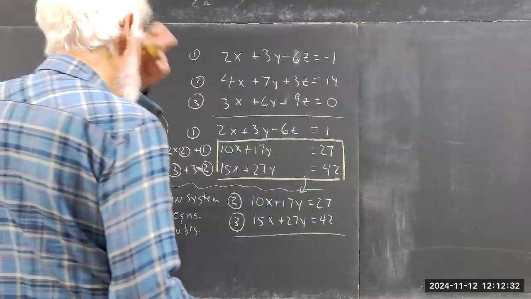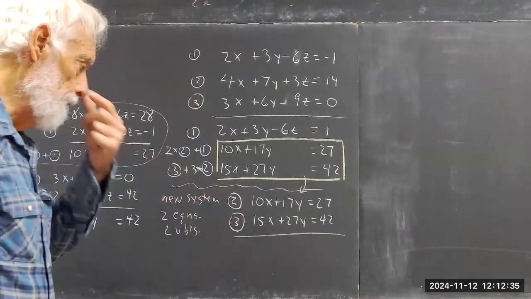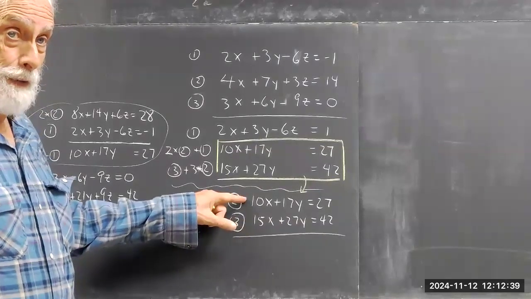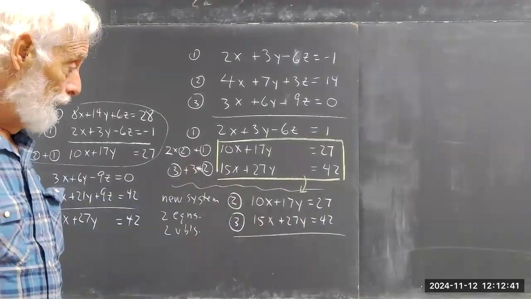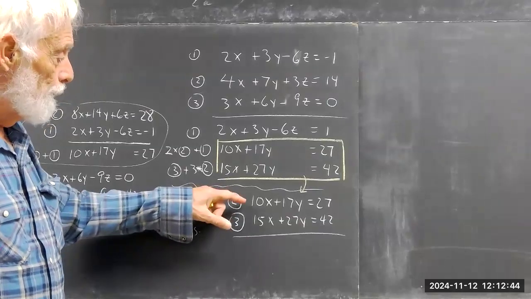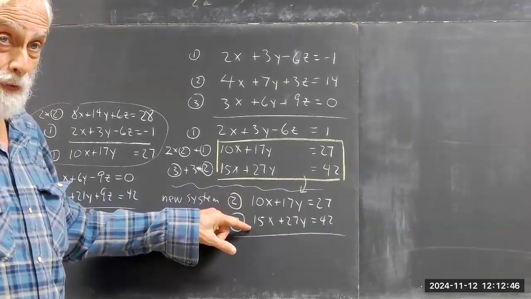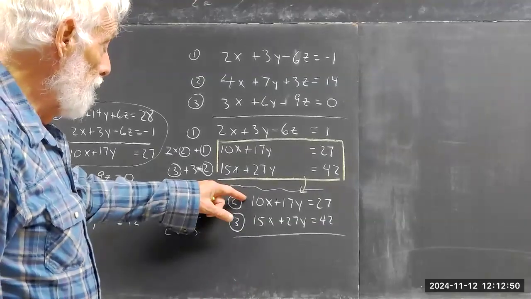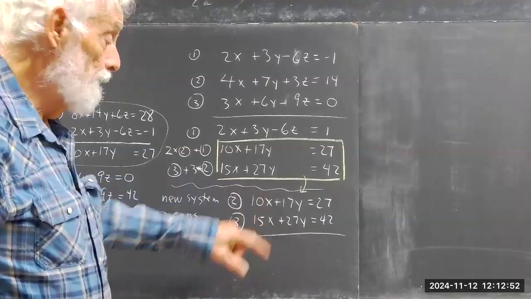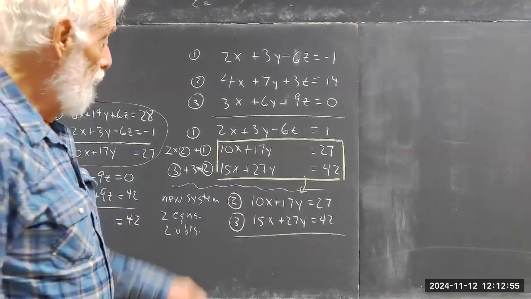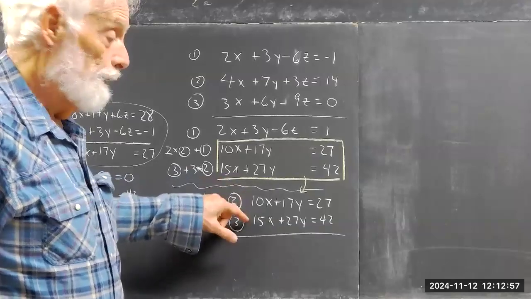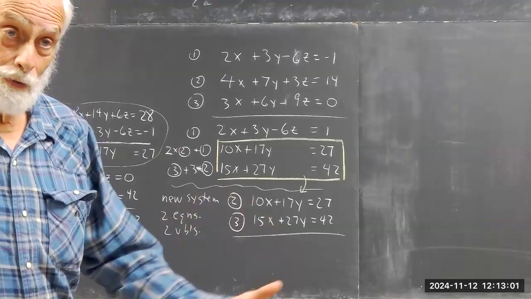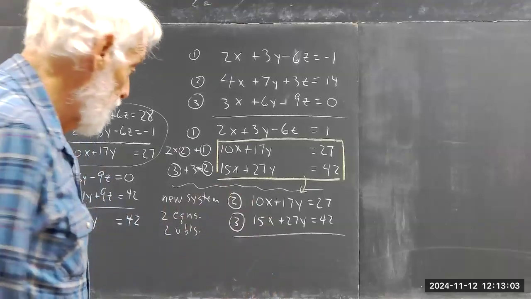Okay. But what I'm going to do is I'm going to say, well, 10 and 15. I should immediately see that 15 is 1.5 times 10. And if I don't, I see that, well, this is 2 times 5, this is 3 times 5, okay? So if I multiply this by -3 and this one by 2, I'm going to match up the x's. I can just see, what's the smallest number that's a multiple of 10 and 15? Okay, that'd be 30. 3 tens is 30, 2 15s is 30.